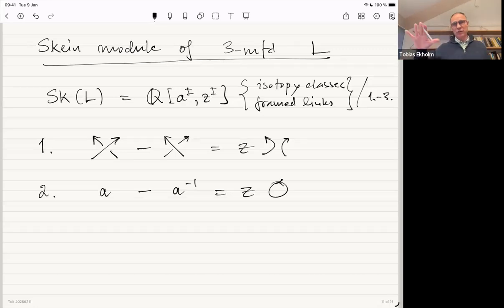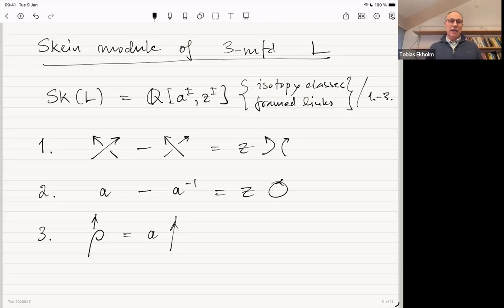So we have in a coordinate ball a small curve living in a plane inside this ball, and then the value of this is equal to just something in the ground ring, which is (A minus A inverse) over Z. And third is this framing relation, which says that if you change the framing, this is equal to A times that one, and if you have the other one, it's A inverse, but maybe it's enough to write this.